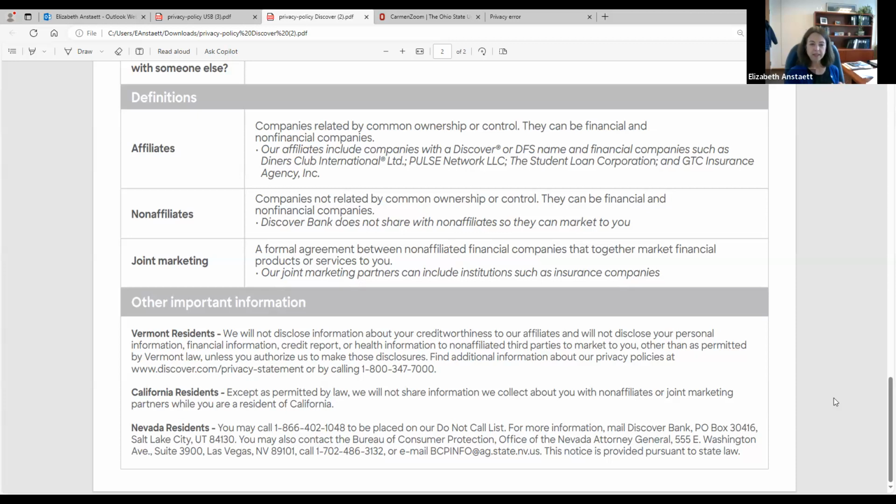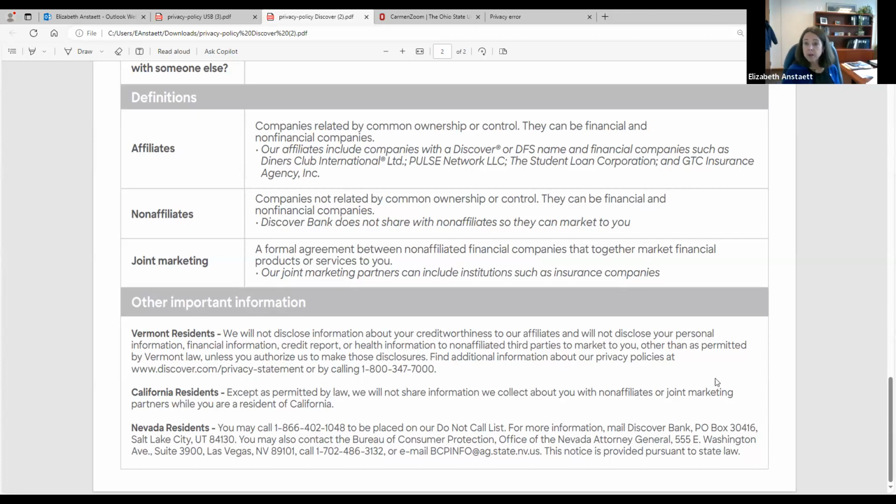And in Vermont, they say we will not disclose information about your creditworthiness to our affiliates, and we will not disclose your information to non-affiliated third parties to market to you unless you authorize us. So as we will see, that's because of the laws in those particular states.